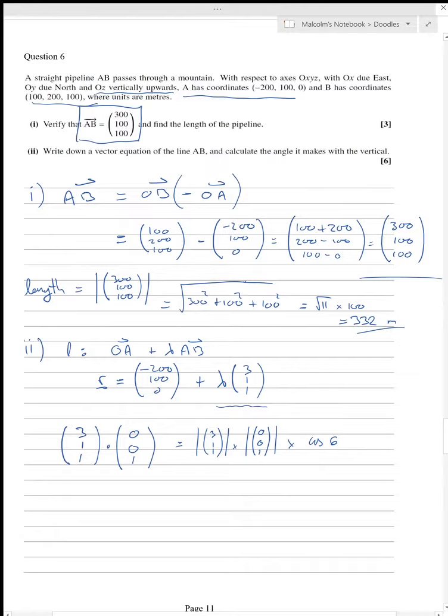So that's fine. These two dotted together give me 1. That is equal to the modulus of 3, 1, 1, which is root 11, multiplied by 1, multiplied by cos theta. So theta is equal to arccos of 1 over root 11.